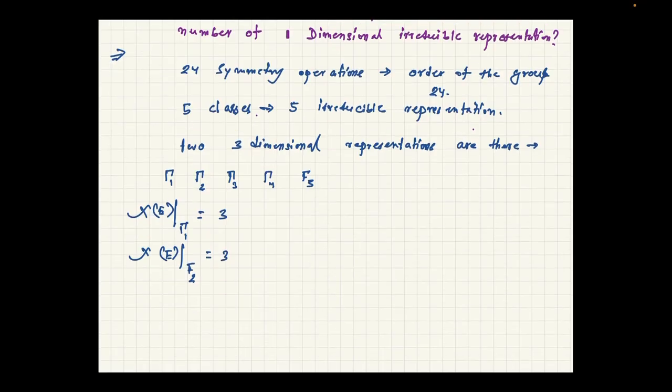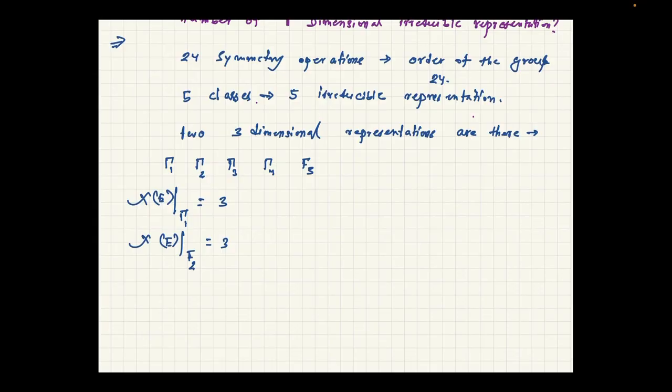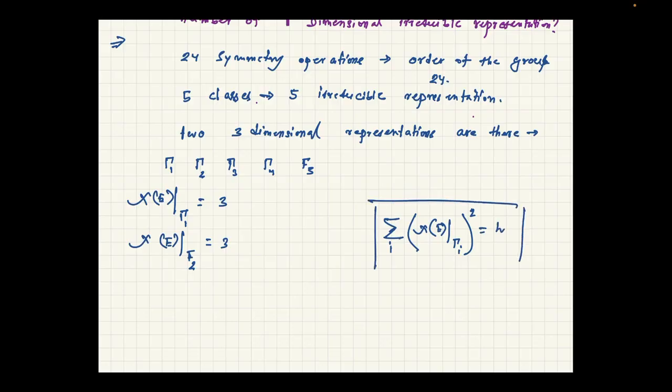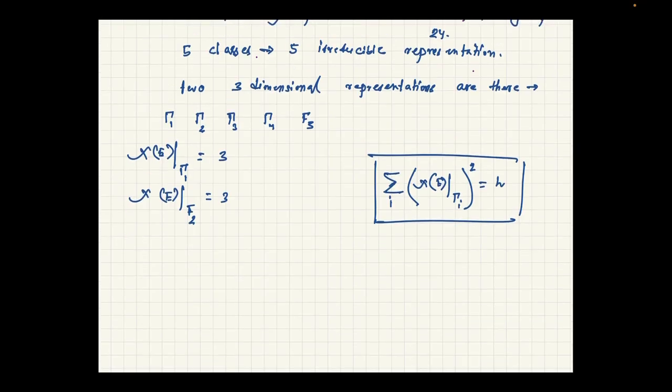Then we have to find out the number of one-dimensional representations. Now we know that the sum of the squares of the characters, that is chi E of gamma i squared, will be equal to the order of the group h. Here the order of the group is 24.